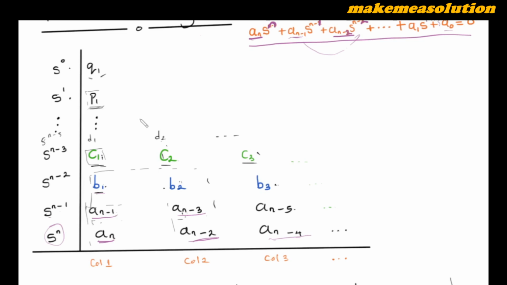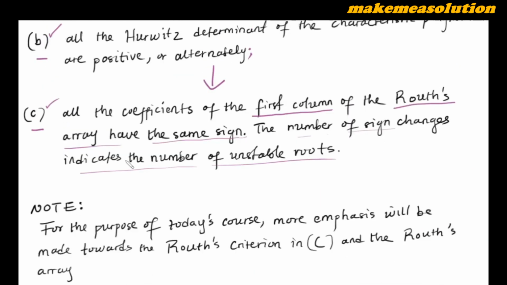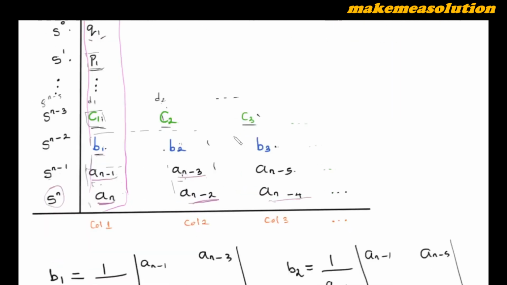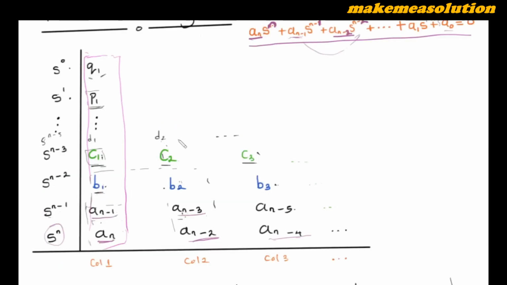So we are going to see it, but just know that for these last two terms we'll have only one value situated here. Now our area of interest is this first column over here. So let's refresh ourselves on the criterion again. For Routh's criterion, it says that all the coefficients of the first column should have the same sign. If perhaps there is a sign change, the number of sign changes will tell me the number of unstable roots.